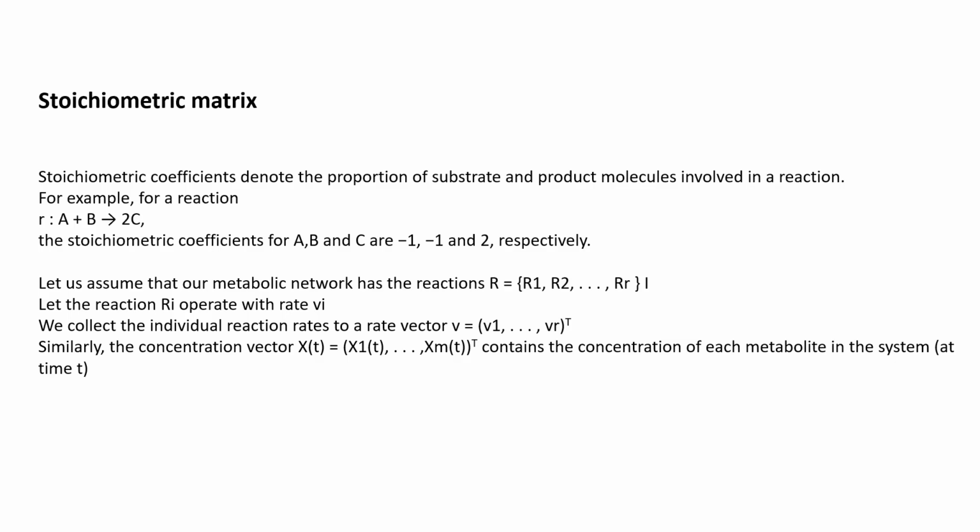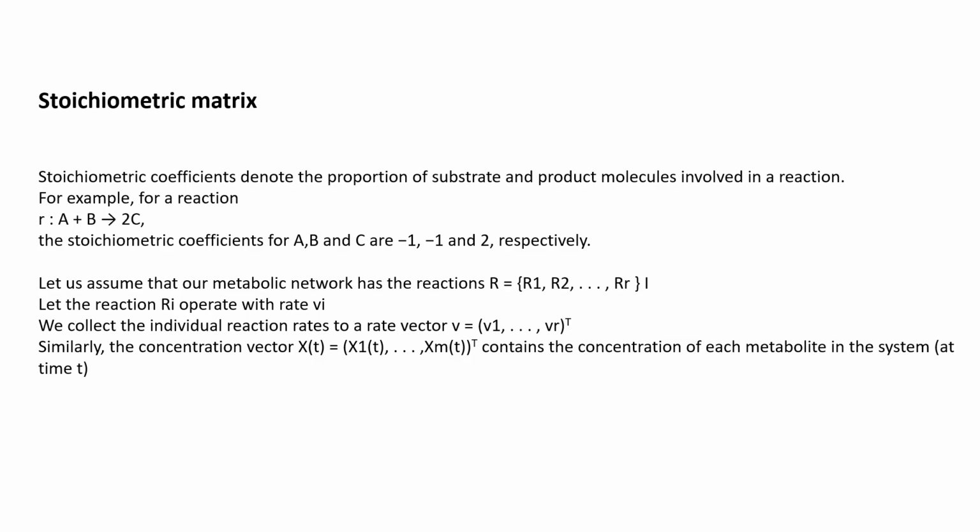So the coefficients for the elements involved in the reaction are minus 1, minus 1, and plus 2. Now let us assume that our metabolic network consists of the reactions R1 to RR. So we have R number of reactions inside the metabolic network, and each such reaction is denoted by the stoichiometric coefficients of those particular reactions.